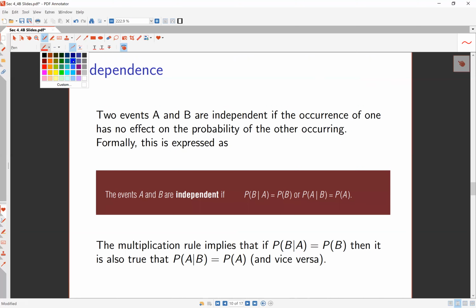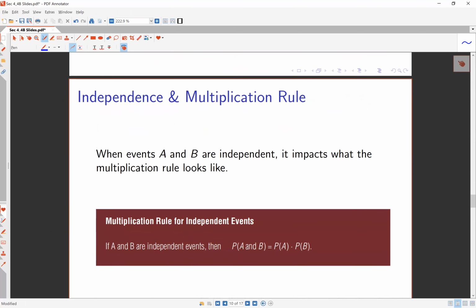This slide just summarizes the definition of independence in terms of conditional probability. Sometimes you can calculate a conditional probability and you will see that it's the same as the unconditional probability. And if that happens, that tells you that you have independence. This is just where the modified version of the multiplication rule comes from.